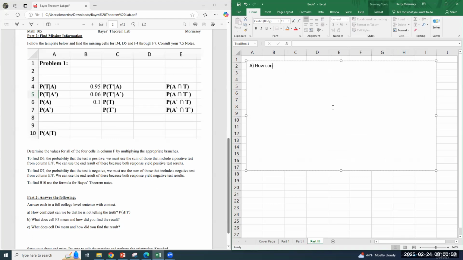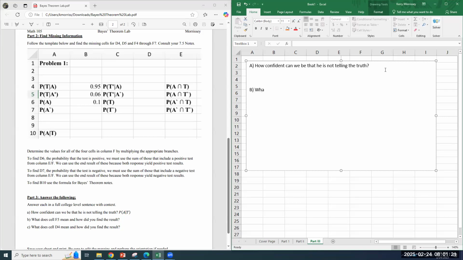A, how confident can we be that he, meaning the player, is not telling the truth? In other words, we want to know if he's not telling the truth here, the probability that we had just found. That is what it means.